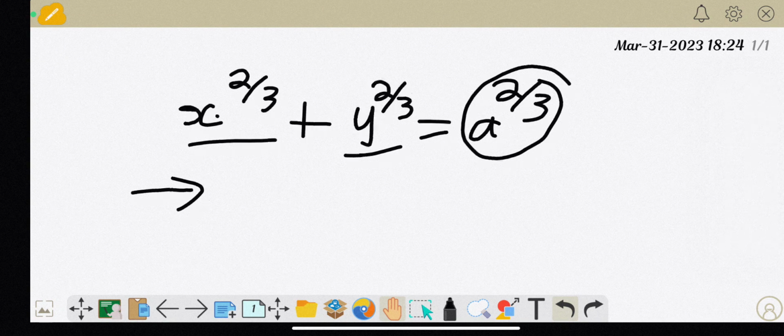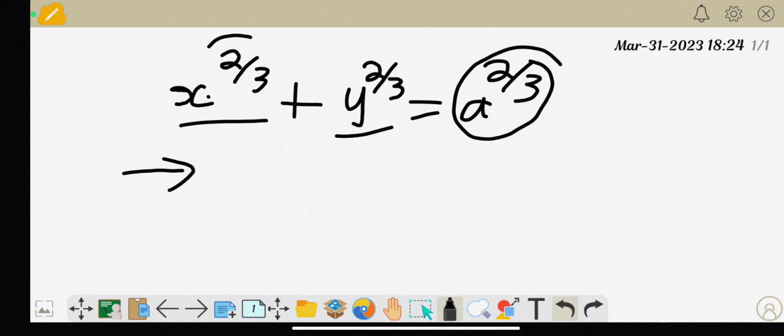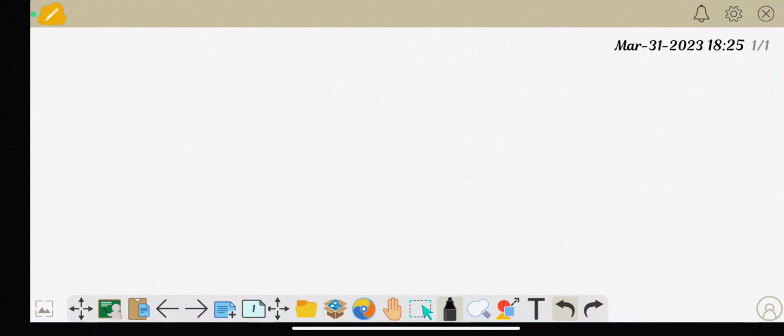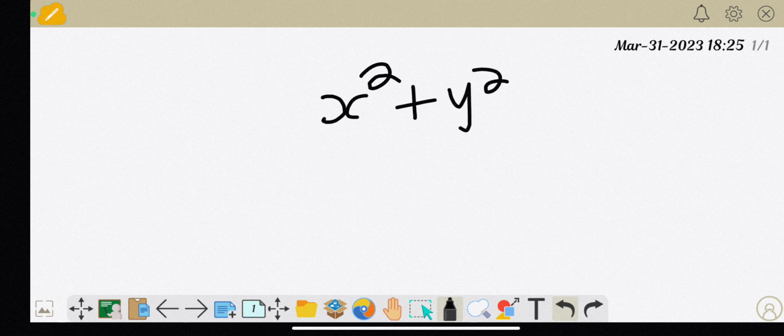If you have x square and y square terms, the simple thing you have to do, I will give you one example. I'll give you the example of a circle, correct? x square plus y square is equal to 9, which is 3 square, the equation of a circle. What is the parameterization for this?